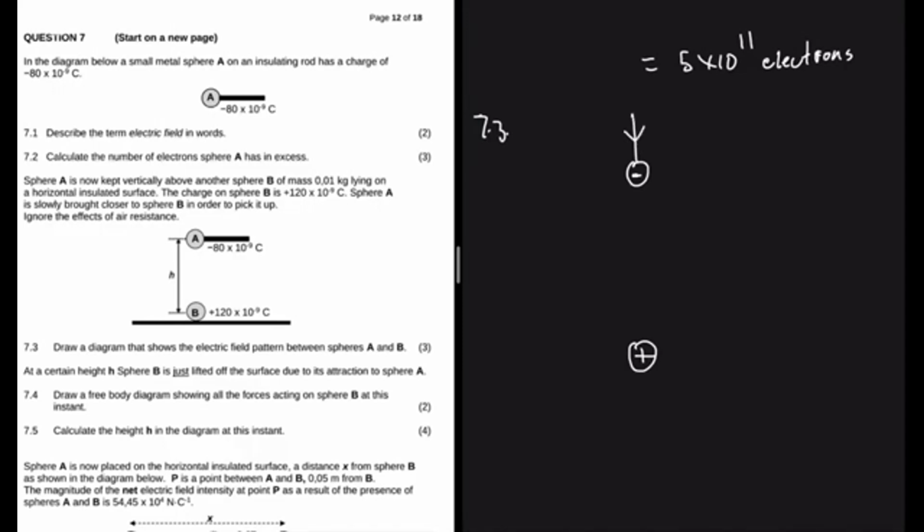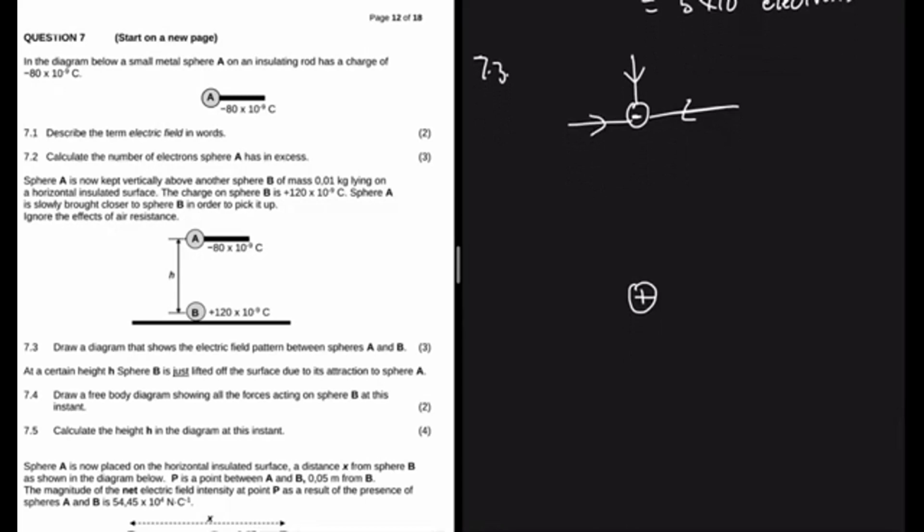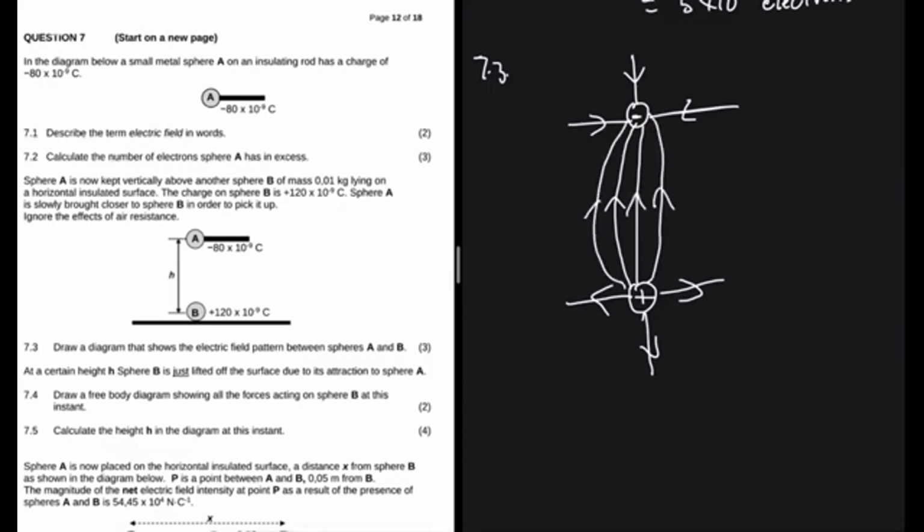For sphere A, the electric fields are pointing towards it, and for sphere B, the electric fields are pointing out, right? And spheres A and B will attract each other. So let's demonstrate that using our electric field lines. At the end of the day, you're going to get something like this.